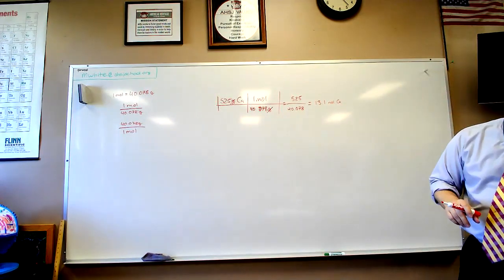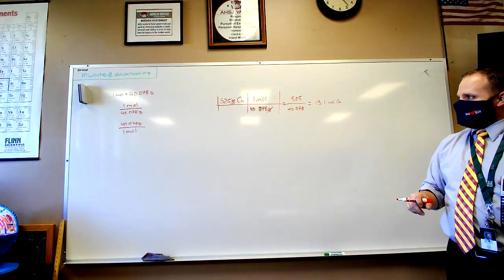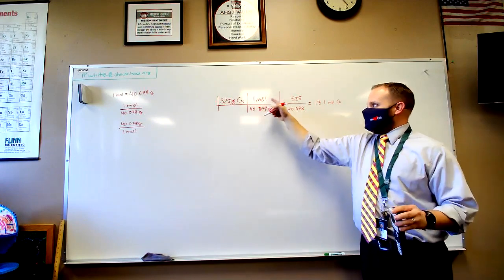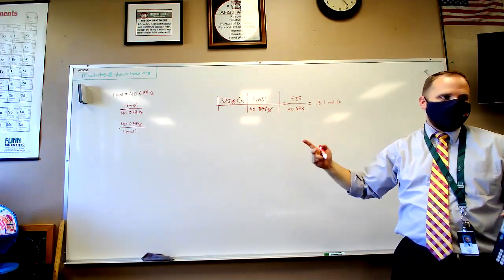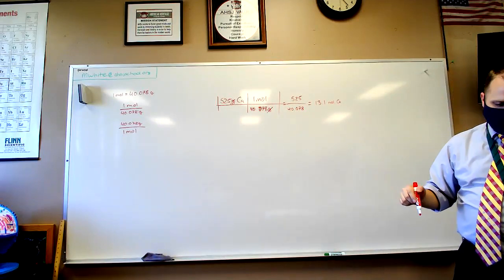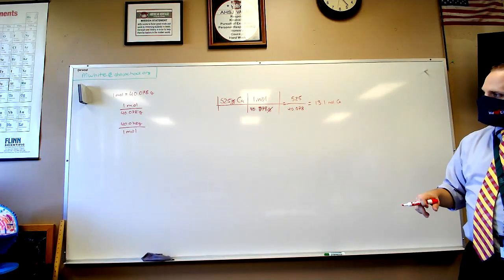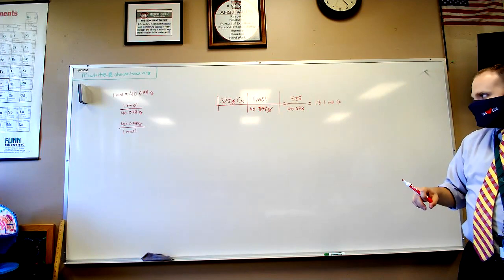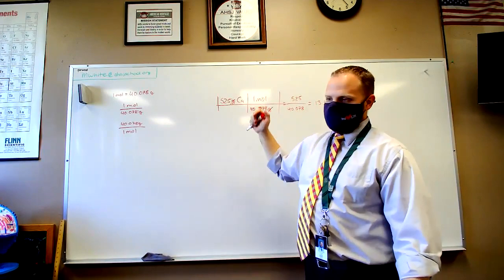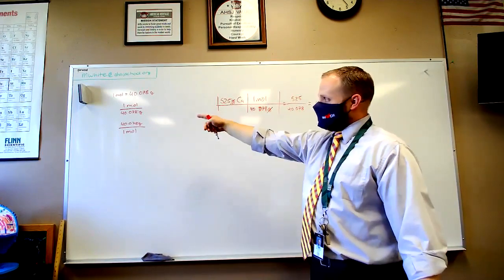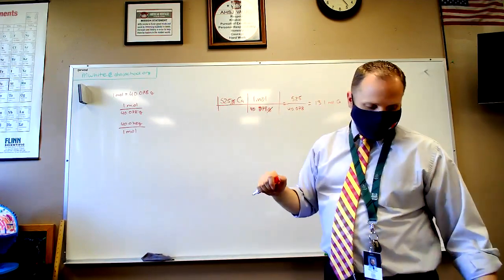Also, if you have a calculator that can do all of this and then tell my calculator to do everything on the bottom too, I usually do it all in one step. But yeah, same thing, just using the other conversion factor that we wrote because we're going the other direction.